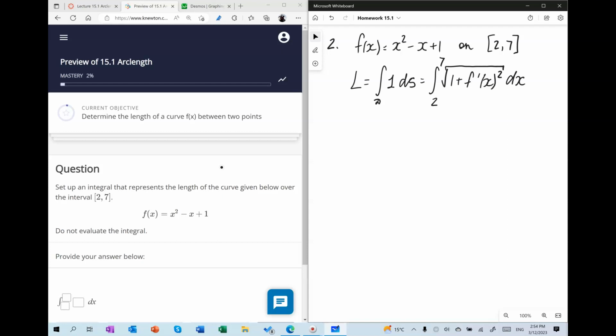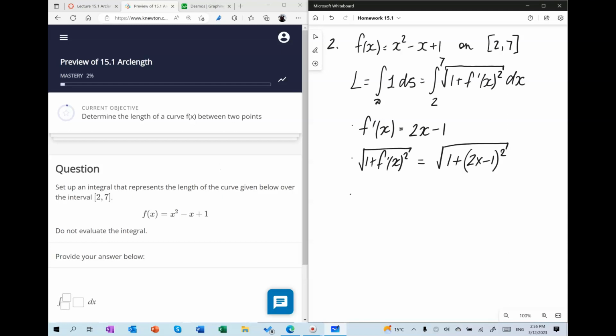So in this case, we're going to first find the derivative of f, which is 2x minus 1, and we're going to set up this integral as the square root of 1 plus 2x minus 1 squared. I guess I should be more explicit here. So this is our attempt at computing the integral using this formula.